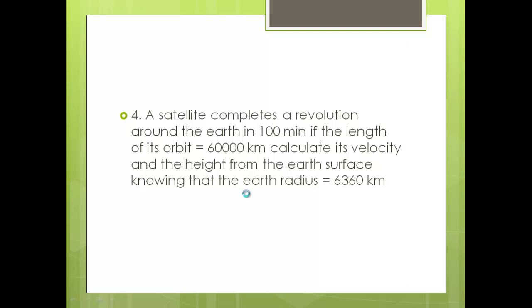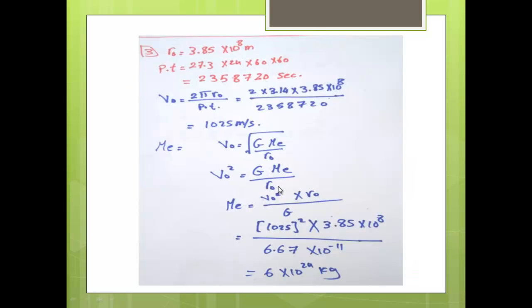By making cross multiplication, mass of Earth will equal V orbital power 2 times R orbit divided by G. By substituting in the rule, V orbit 1025 power 2 times 3.85 times 10 power 8 over the gravitational constant 6.67 times 10 power negative 11. So the mass of Earth will be 6 times 10 power 24, which is a constant number.